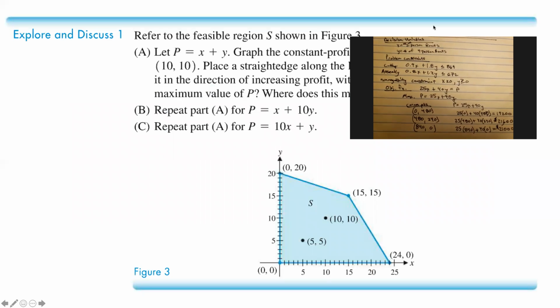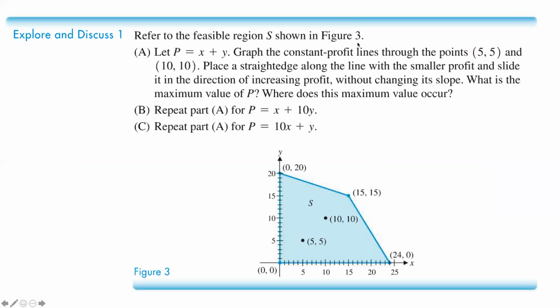So let's turn to some of these other questions we have. So let P equal X plus Y, graph the constant profit lines to the points 5, 5 and 10, 10. Place a straight edge along the line with a smaller profit and slide it in the direction of increasing profit. So hopefully you guys see this is similar to what we were doing before. This basically depends on which variable is more valuable.